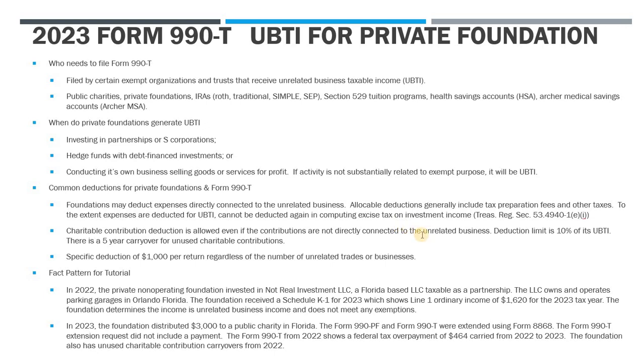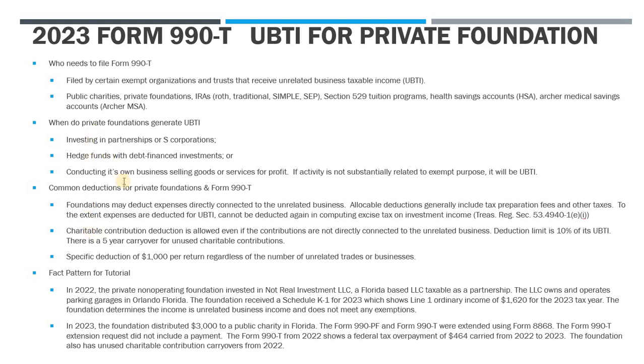What we see in practice is tax prep fees and other types of taxes, like foreign taxes, excise taxes, those can be allocated to the unrelated business income. But that's generally all we normally see, unless you're up here on this line item. If you're actually conducting your own business, then you're going to have a lot more deductions, right? You might have cost of goods sold, operating expenses, and things like that.